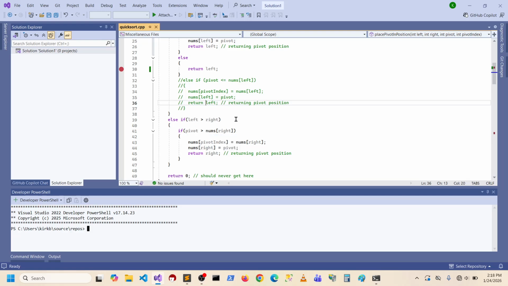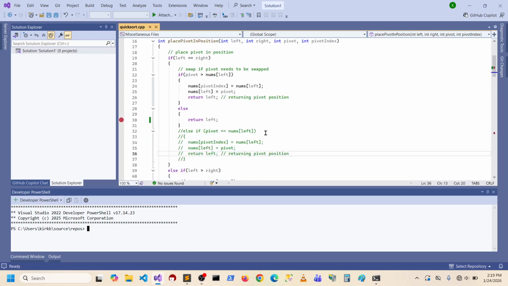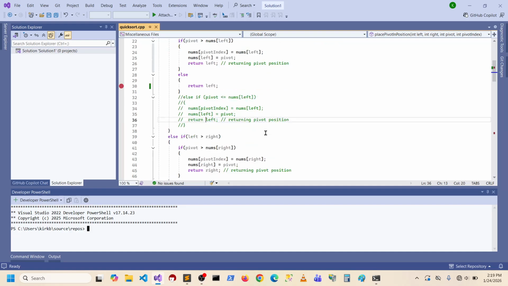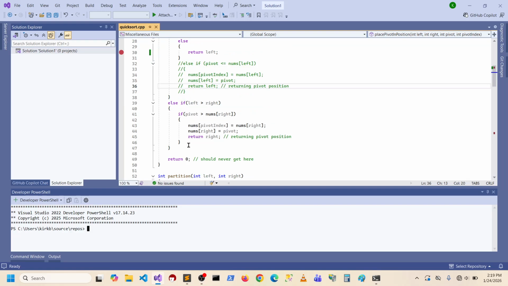Because otherwise, if pivot does not, I don't think it has to at that point. I don't know, let's try.